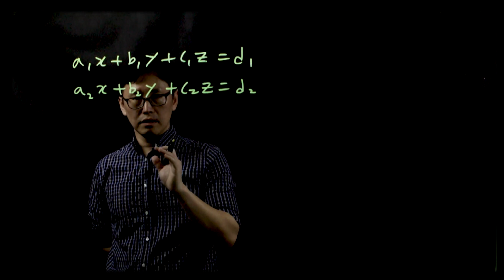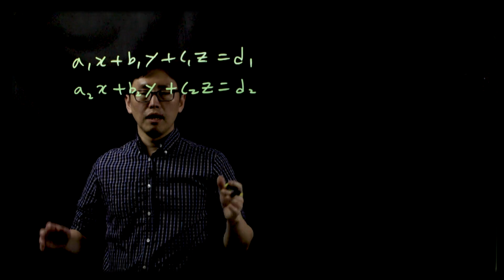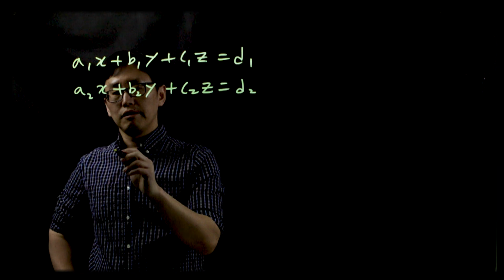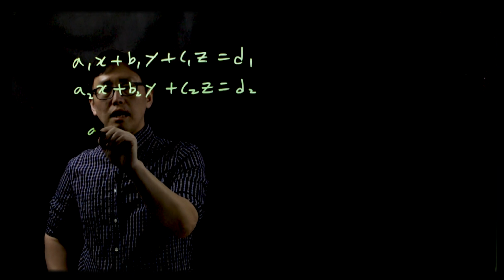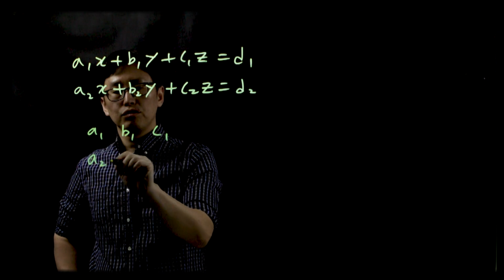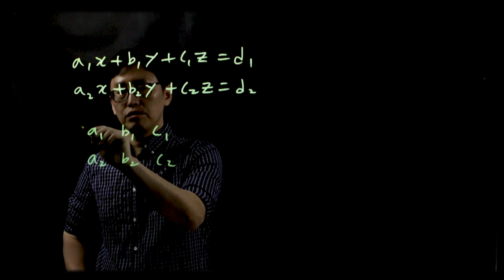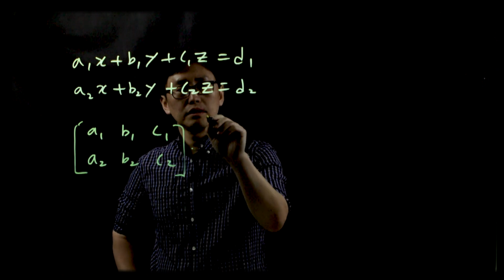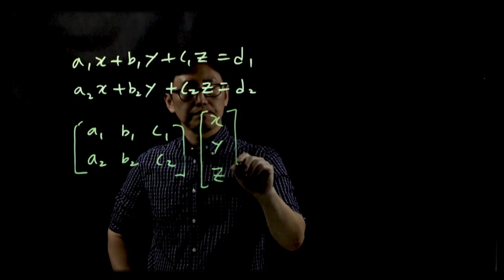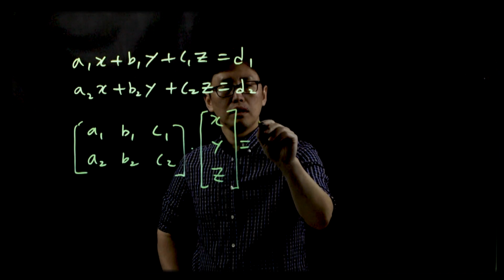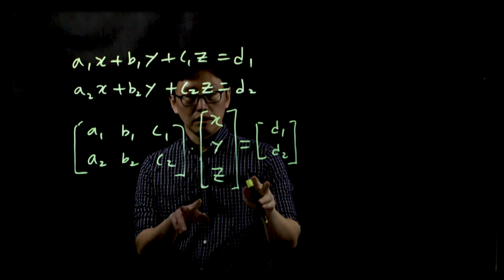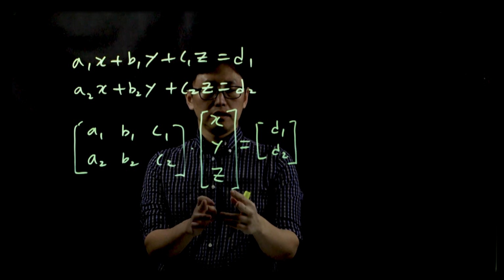And these two equations can be lumped into a single matrix equation like [a1 b1 c1; a2 b2 c2] times [x y z] is equal to [d1 d2]. Here there are two column vectors.